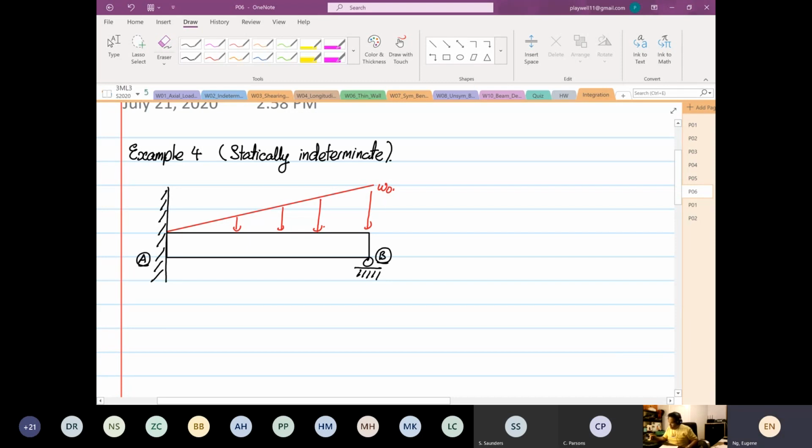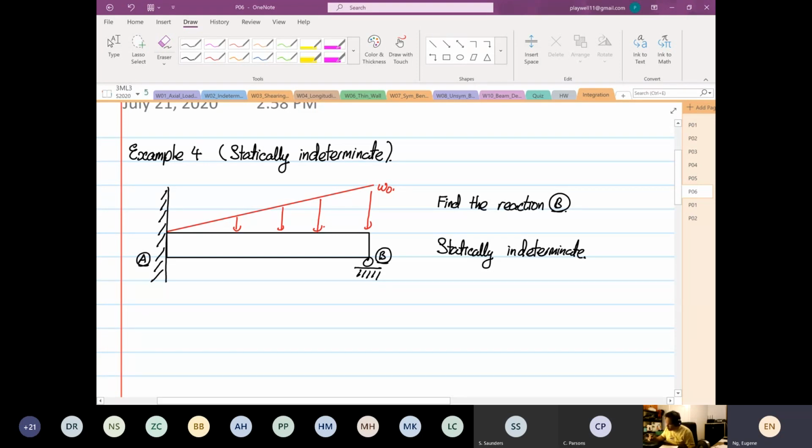So now we want to find the reaction at point B. We know that this structure is statically indeterminate. We know that.